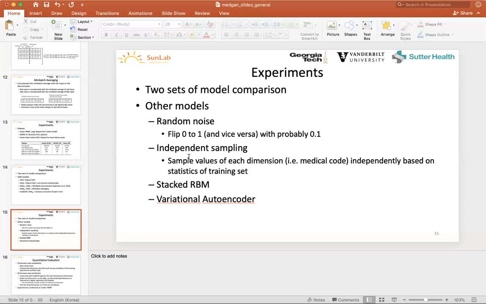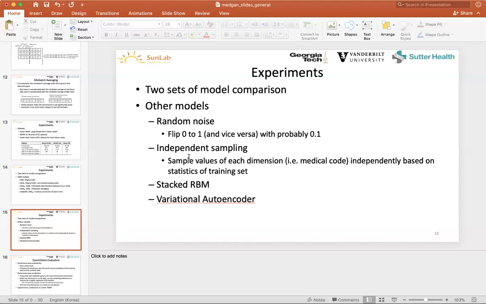Like the first feature has 0.5 probability, the second feature 25%, maybe the third column 76%. Then you just sample independently. If some column has a 76% chance of occurring, you sample it as a Bernoulli with that probability. So it's independent sampling, and it doesn't guarantee a correlation between a set of columns or the underlying relationship between several columns.